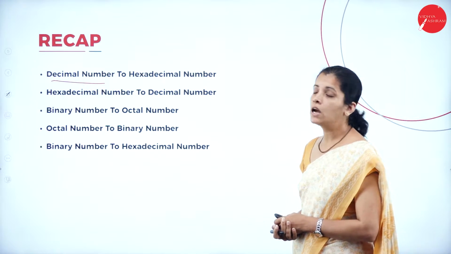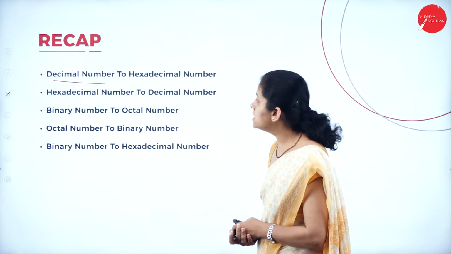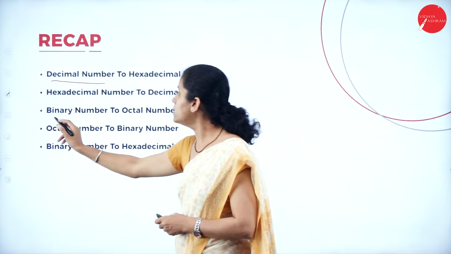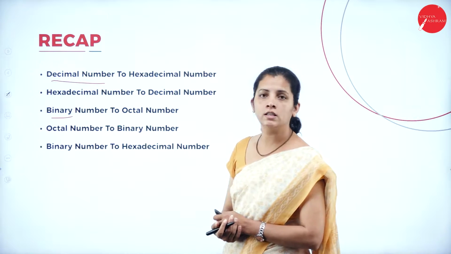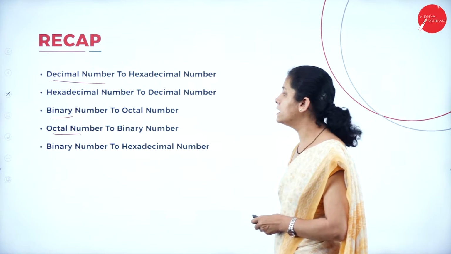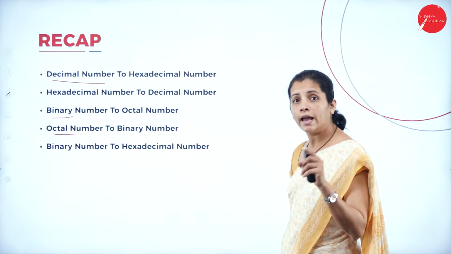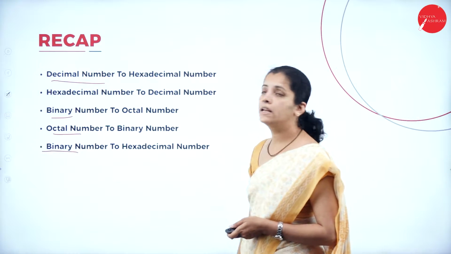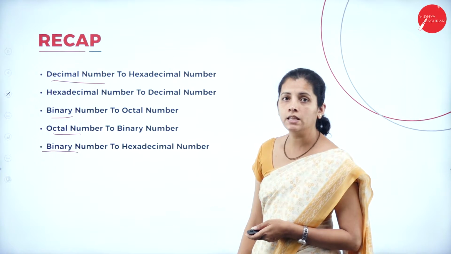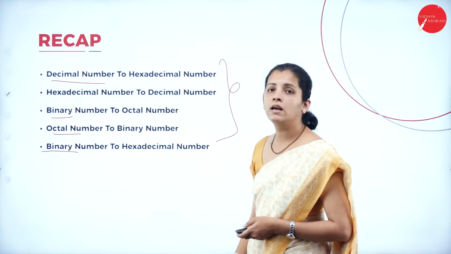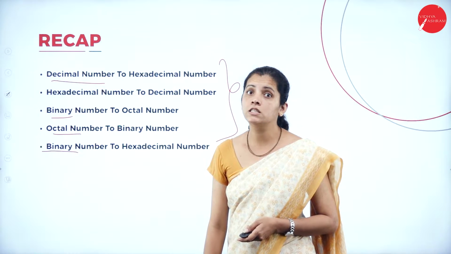Along with that, I covered hexadecimal number to decimal conversion, binary number to octal number conversion, octal number to binary number conversion, and binary number to hexadecimal numbers. These are the 5 topics I covered in my last session.